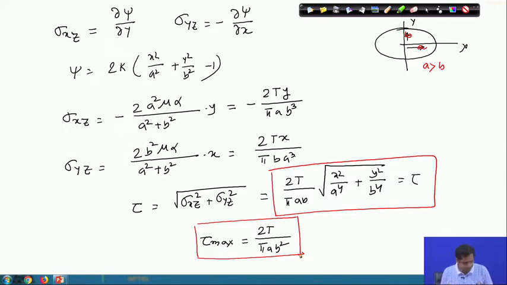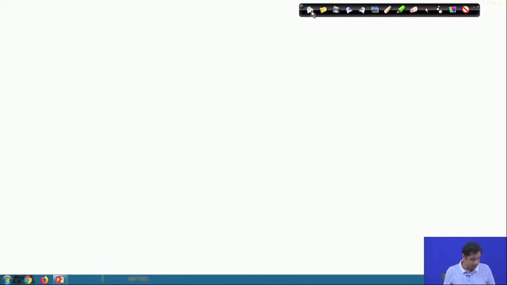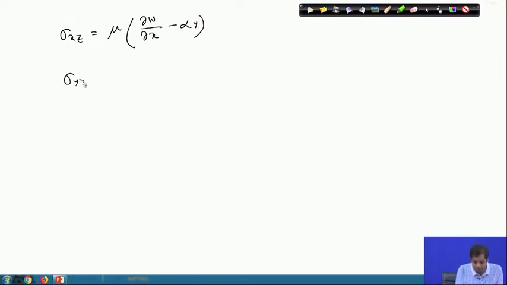If you recall, we had two expressions relating the stresses to displacement: sigma xz equals mu into del w del x minus alpha into y, and sigma yz equals mu into del w del y plus alpha into x. That is the relation we already had, right.